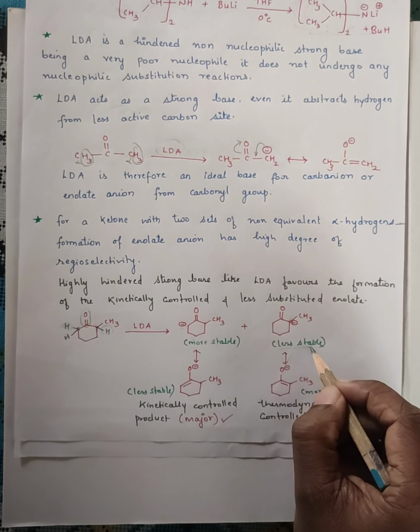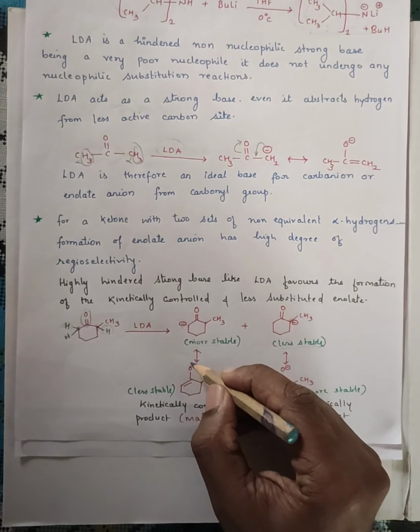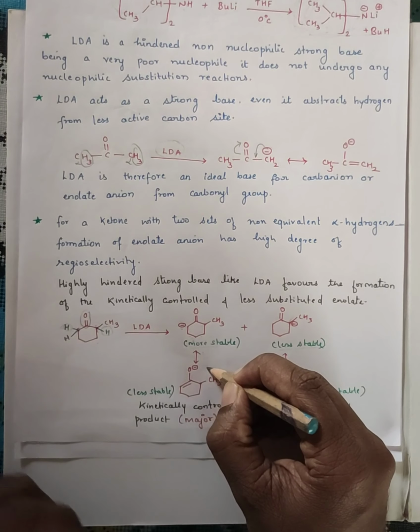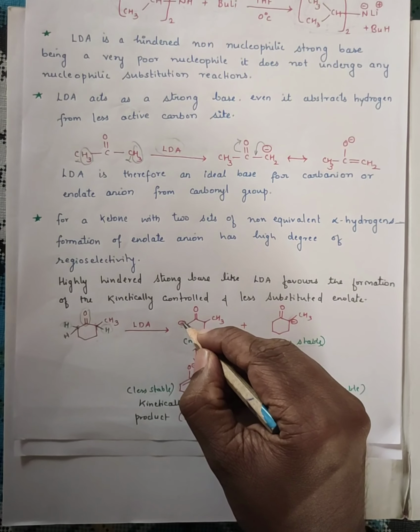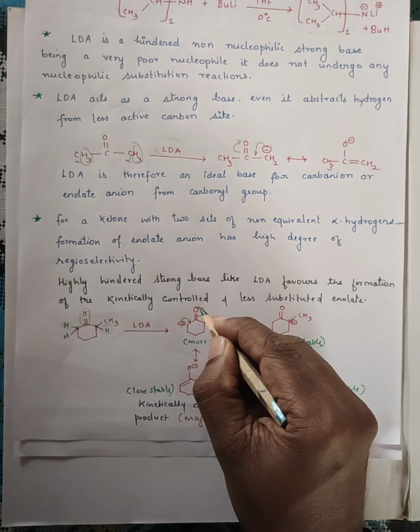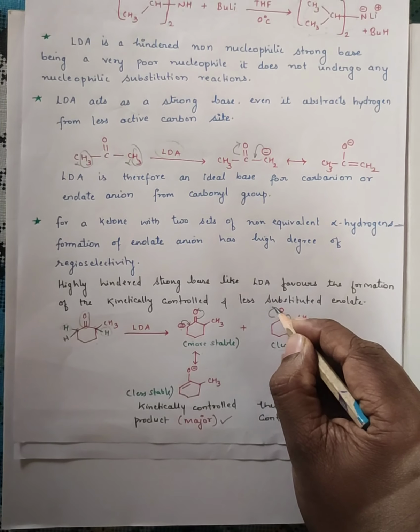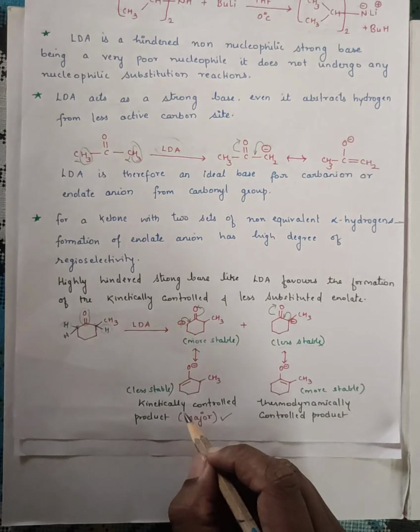So this carbanion is less stable, whereas this carbanion is more stable. When you arrange that in the enolate form, how will you write the enolate form? The negative charge shifts here and this double bond shifts onto the oxygen. So these are the two enolates which are formed.